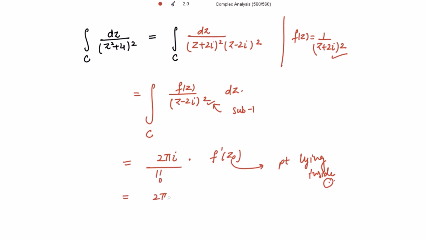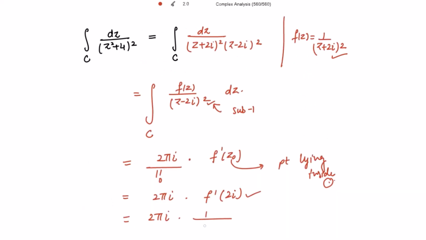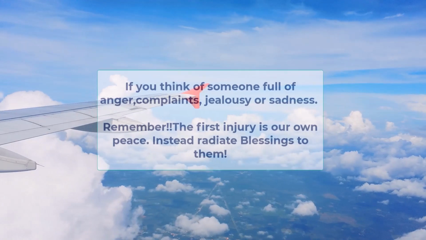So this is 2 pi iota into f dash. Which point lies inside the circle? 2 iota. So writing here 2 iota. So this is 2 pi iota into, what is the value for this? 1 divided by 32 iota. So iota cancelled out, cancelling also this. So we are getting pi divided by 16 to be the required answer for this given integral. Okay, thank you.